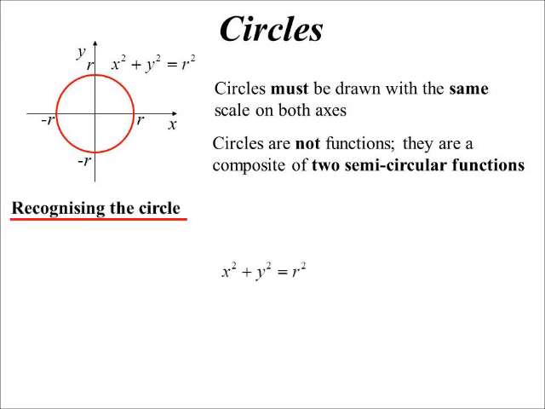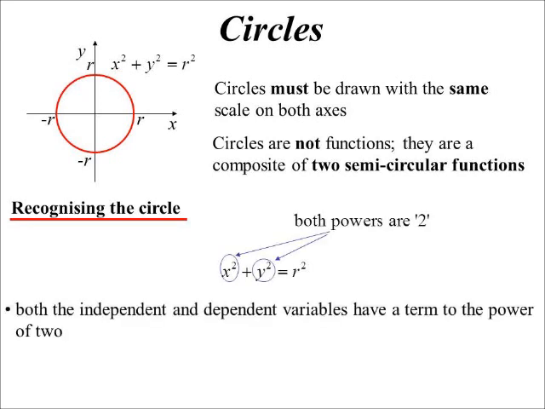So there's our formula, but the key thing we're looking for is that both pronumerals are to the power of 2, and the other key thing is that the coefficient's the same. Now we normally see the coefficient 1, but if we had 2x squared plus 2y squared, that would still be a circle. 3x squared plus 3y squared, still a circle.